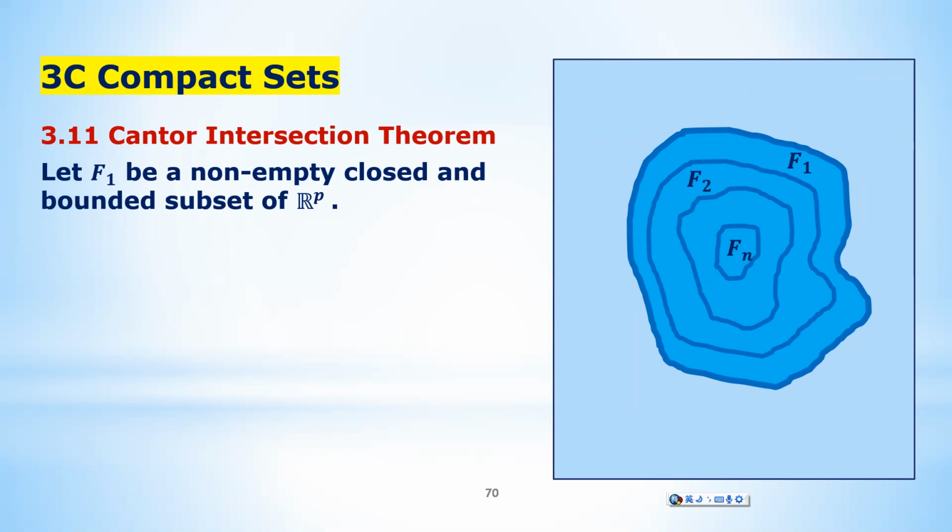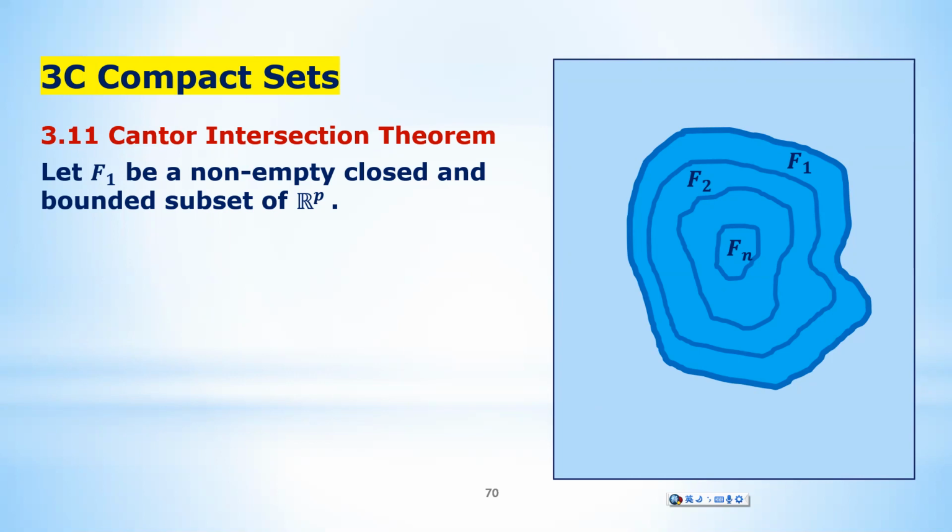So this is called the Cantor intersection theorem. This theorem has a very trivial assumption, saying that F1, the first set in the sequence, is a non-empty, closed, bounded set. If you consider a closed cell, it should satisfy this property.